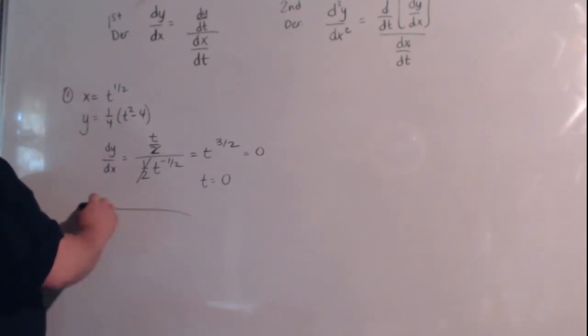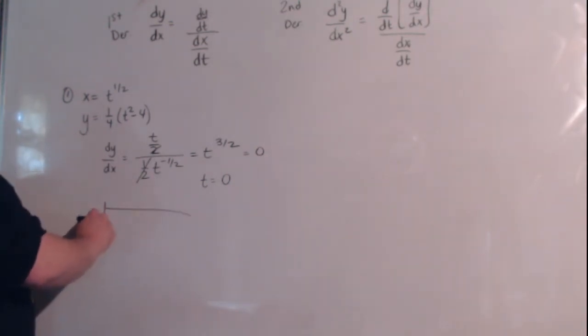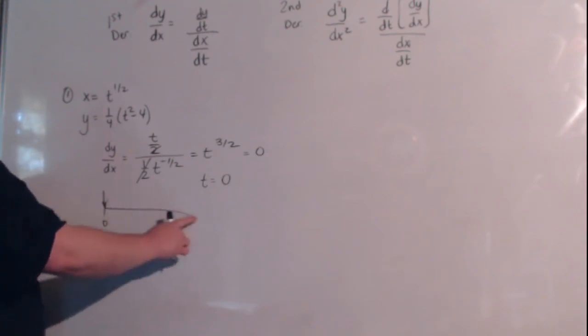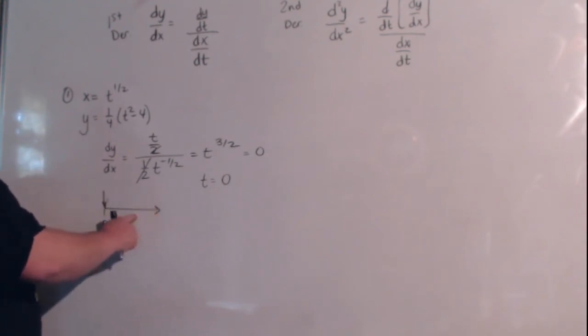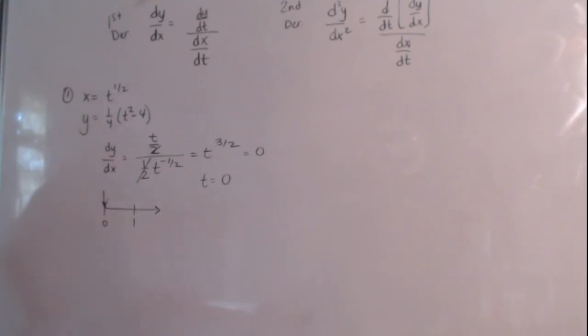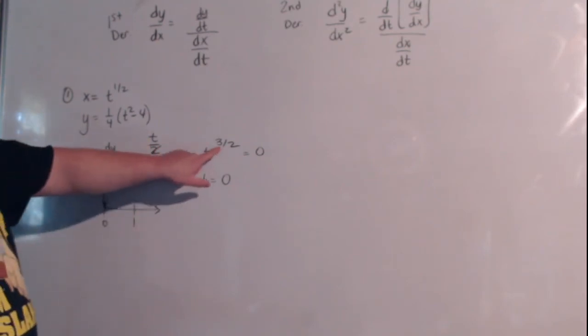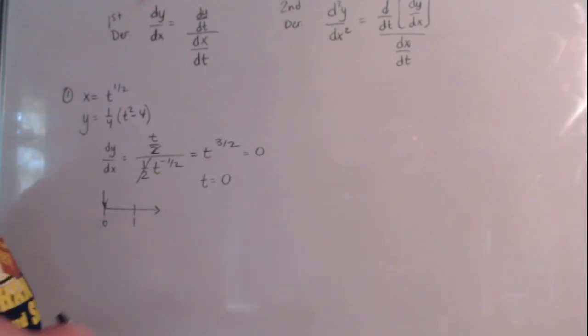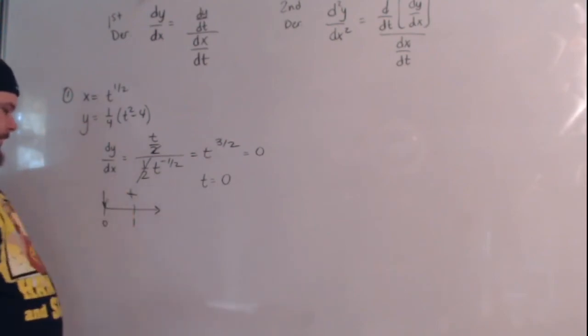And if we restrict t from going beyond 0, then I just need to check a number on the right-hand side. So I'll do something like 1. We plug 1 into the derivative. 1 to the 3/2 is still positive, so everything is positive.